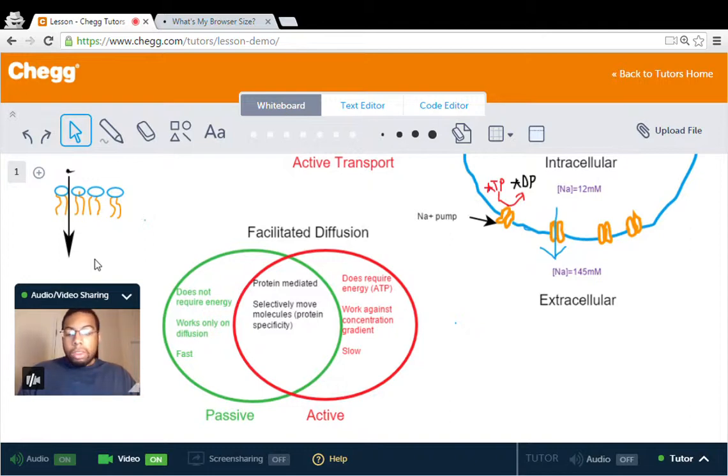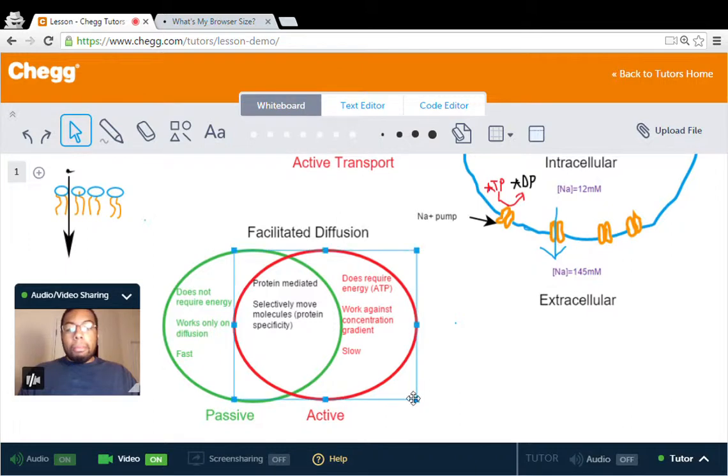Evolutionarily, animal cells have developed a way to allow these larger molecules or these charged molecules to enter the cell through what's called facilitated diffusion, which is essentially a protein-mediated form of diffusion that would allow these types of molecules that would be otherwise impermeable to pass the phospholipid bilayer.